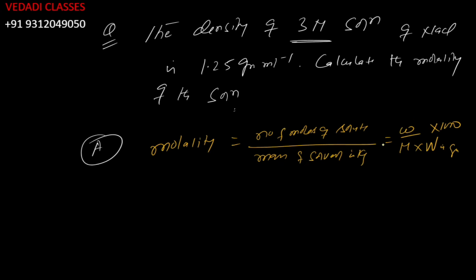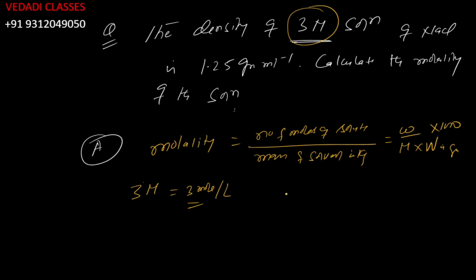They have given you the number of moles. Yes, the number of moles you can obtain from 3M. It is a 3M solution, then 3 moles per liter, so the number of moles is 3 mole.